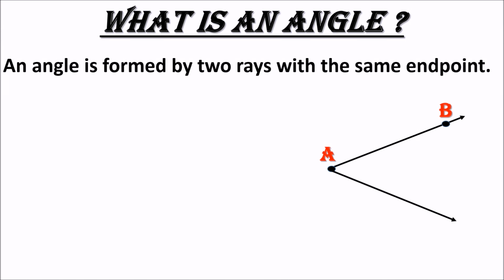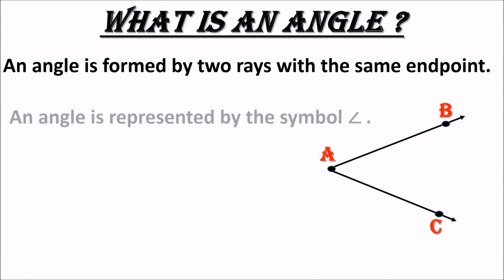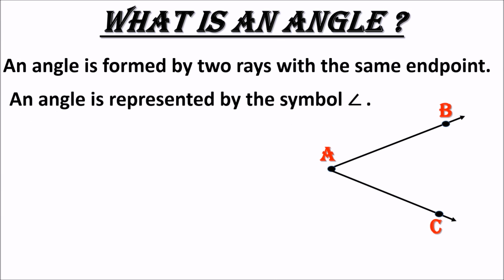Now here we have another ray with the same origin, with the same end point, that is A. Now we will take one more point on this ray, say it is C. So it is angle BAC. An angle is represented by this symbol.